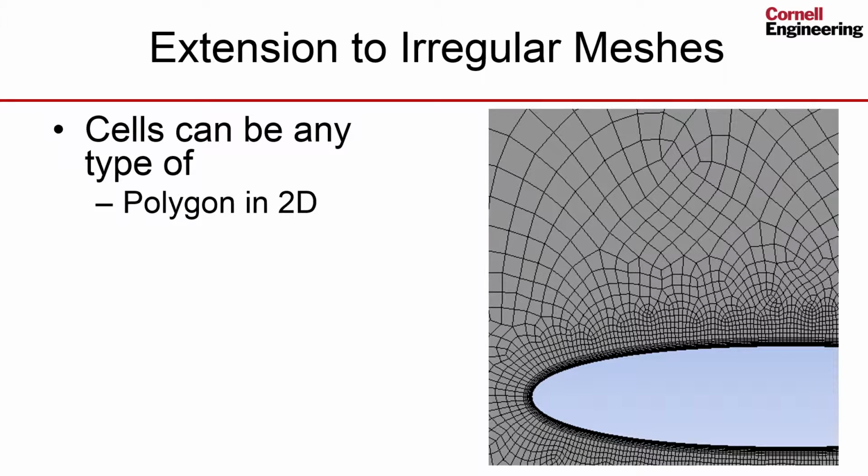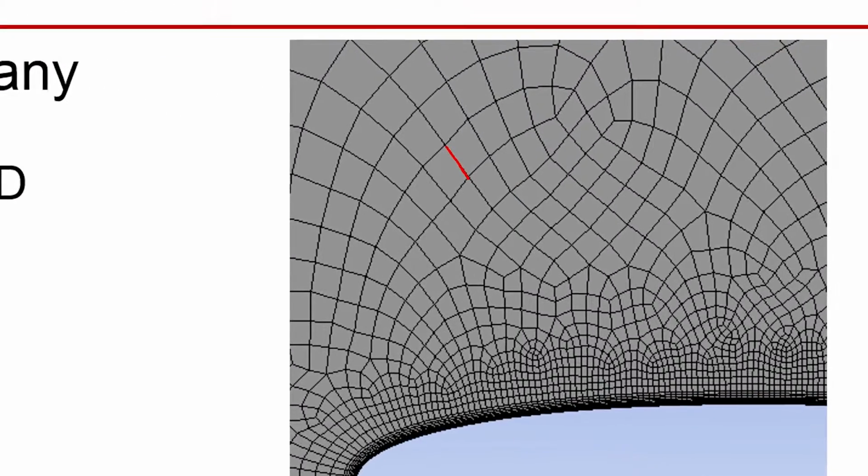When we do the flow over an airfoil in Fluent, we are going to have a mesh that looks like that, and this is a combination of quadrilaterals and triangles. So for instance, you have a quadrilateral here. Here's a quadrilateral.